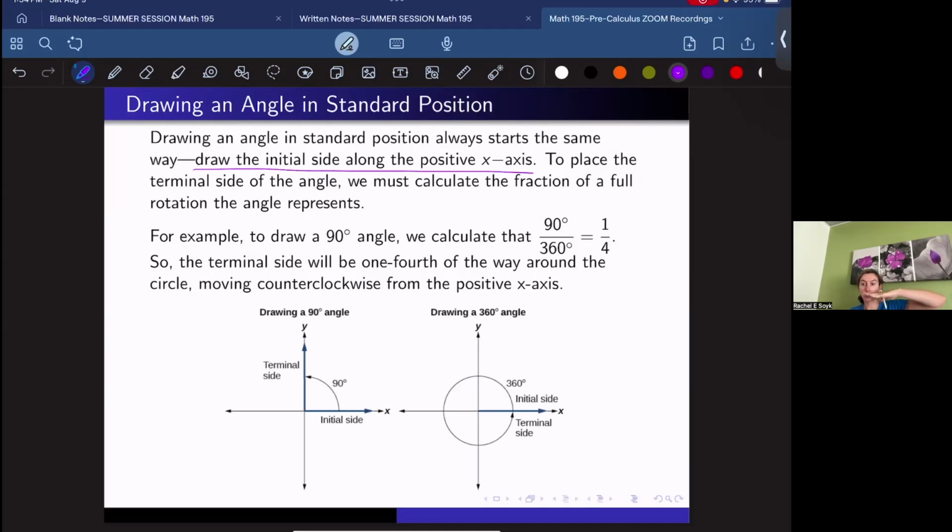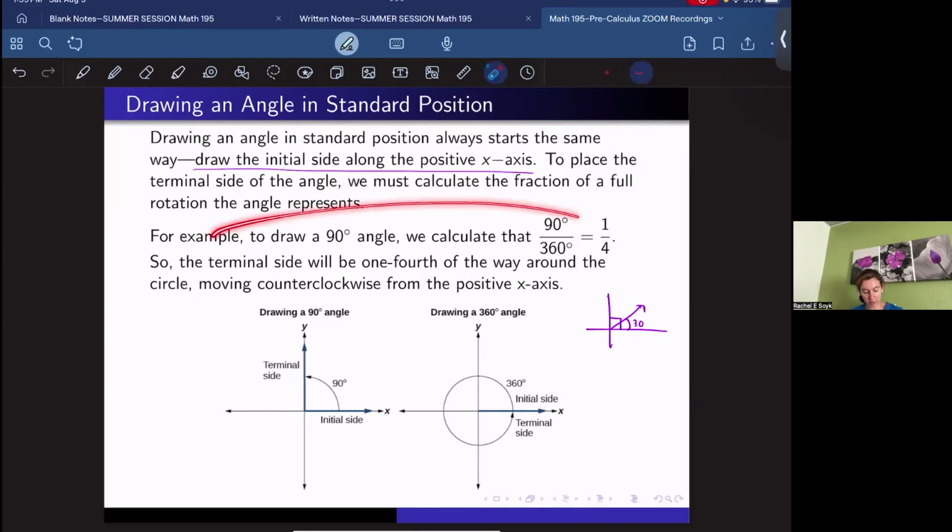If you're drawing 30 degrees, then it's going to go counterclockwise 1/3 of the way between our x-axis and our y-axis. That first quadrant is 90. So 1/3 of the way gives you that 30 degrees.